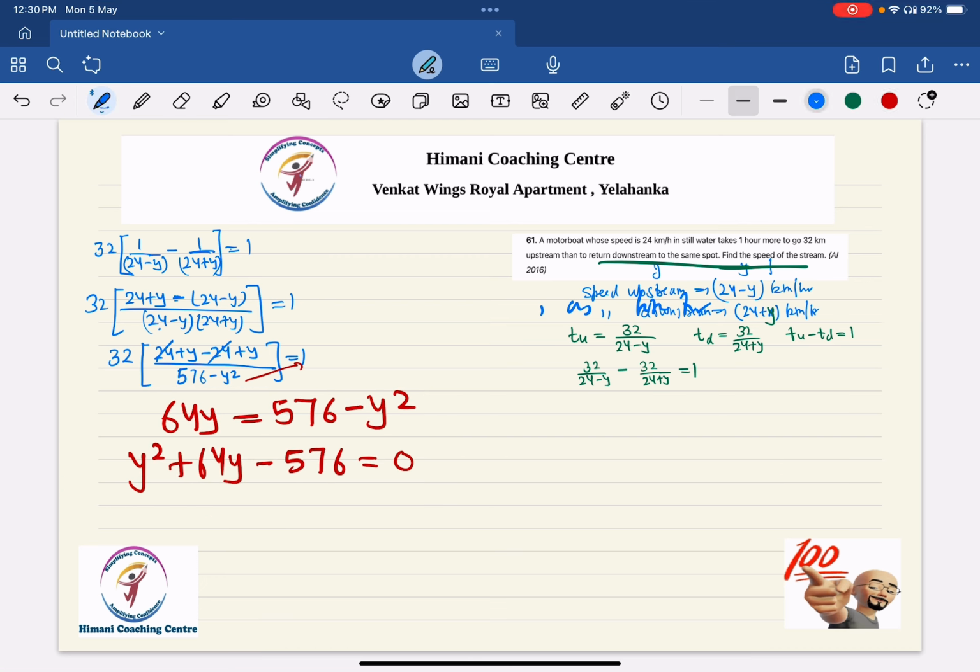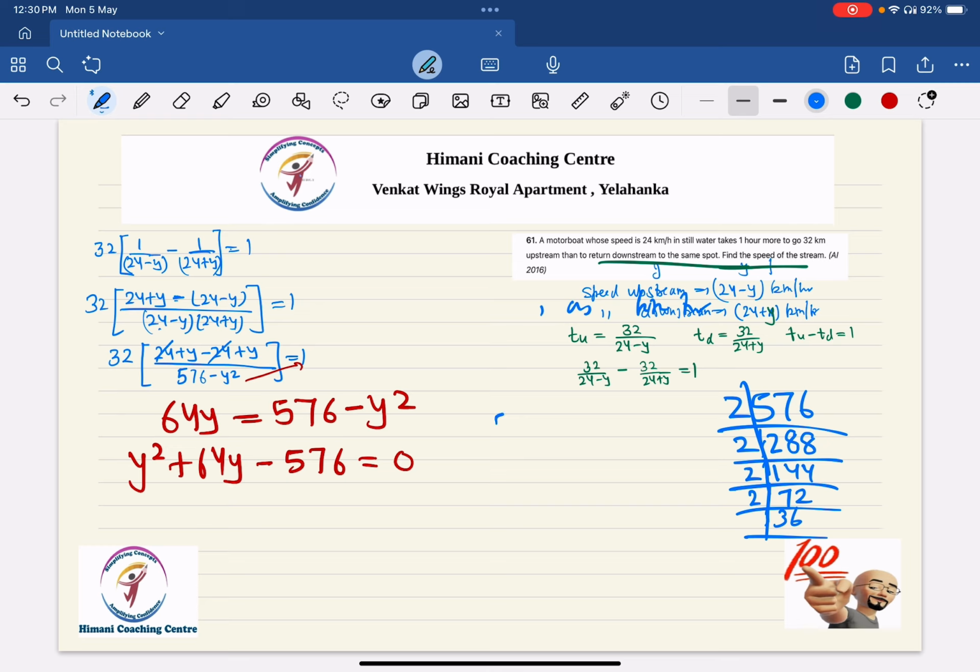Now, let us do prime factors of 576, divisible by 2. So what will you get? 2 2s are 4, 2 8s are 16, 2 8s are 16. Again divisible by 2, 144. Again divisible by 2. Okay, so this is what we get. We can do this again, 36 like that, but let us take the combination. What do we want?